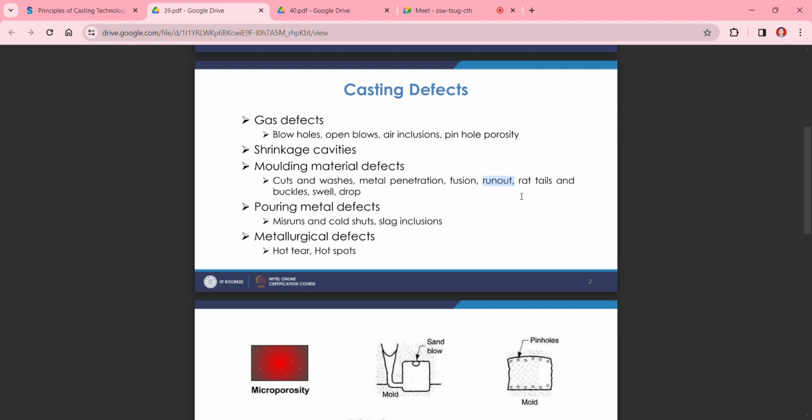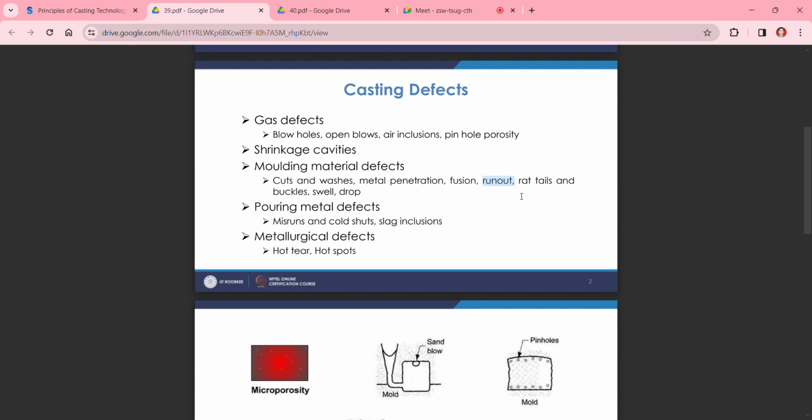Then coming to rat tails, that is coming due to similar things, and buckle swell drop comes due to the improper permeability of your sand mold or improper ramming of the sand mold, because during the molten metal pouring inside your casting system, that will exert pressure on your mold. Either it is going to shrink or it is going to expand.